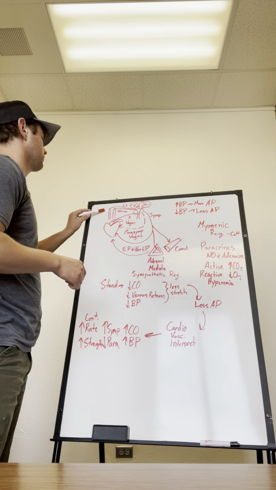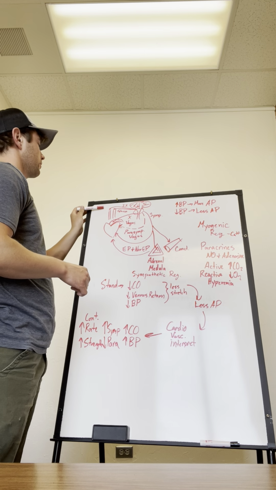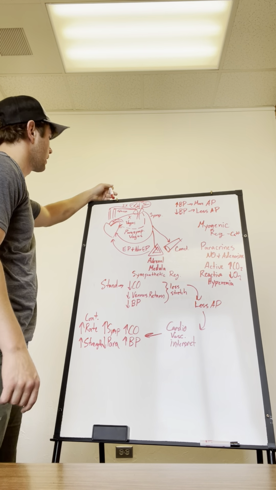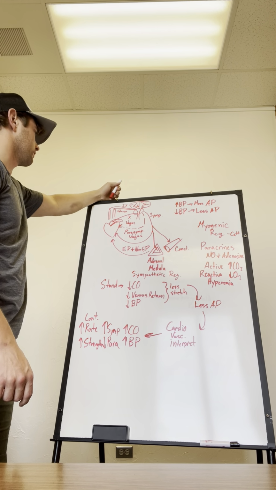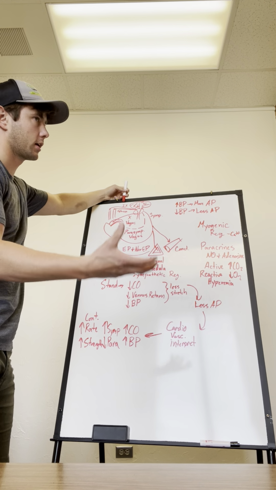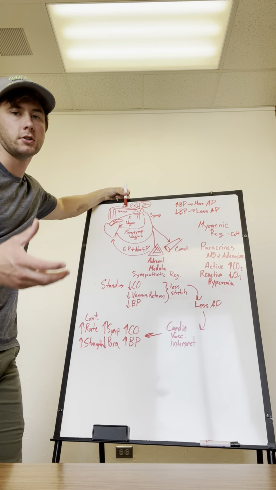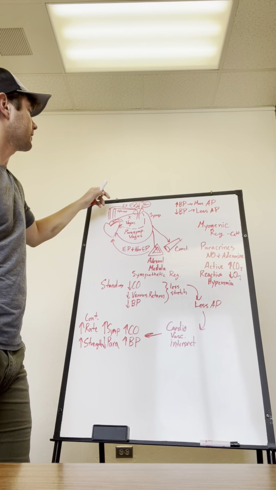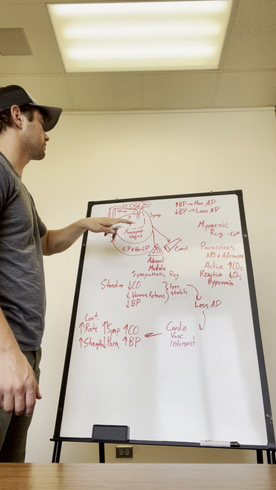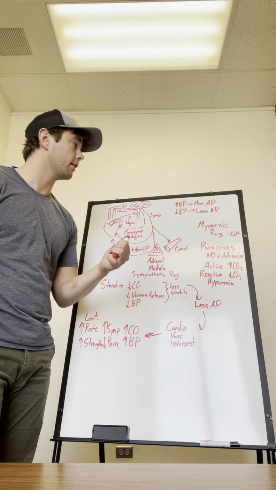First off, we've got our baroreceptors here, and in your carotid artery baroreceptors, if those are sending action potentials, they're going to go through cranial nerve number 9, also known as the glossopharyngeal nerve, and that's going to travel to your integrating center in the medulla oblongata.